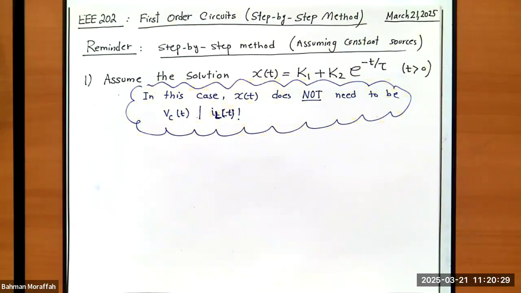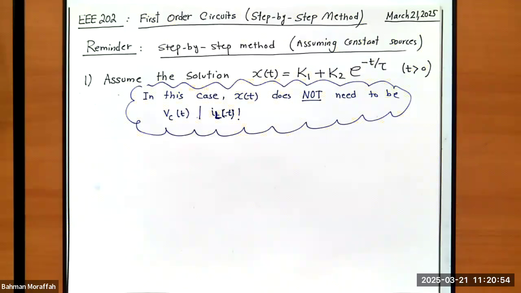But keep that in mind. At time infinity, we did not require any continuity condition. At time infinity, we had a circuit, and all we needed to know was that everything in this circuit is constant. Therefore, we're in a steady state condition, which meant if I have a capacitor, I have to replace it by an open circuit, and if I have an inductor, I have to replace it by a short circuit.